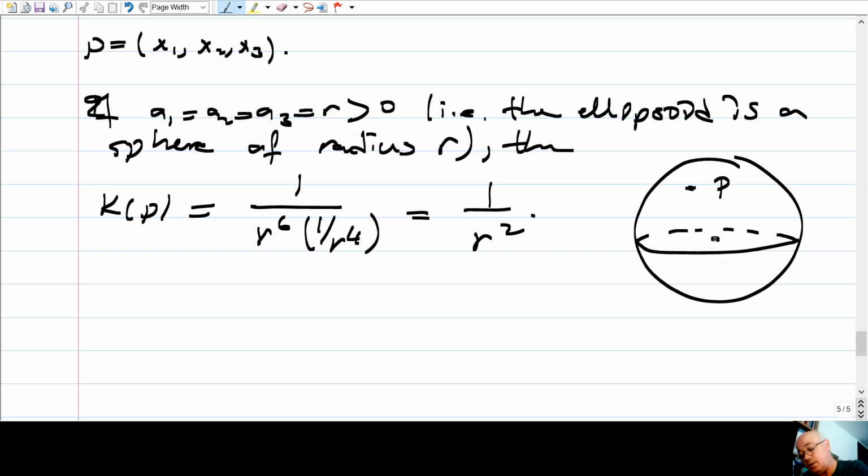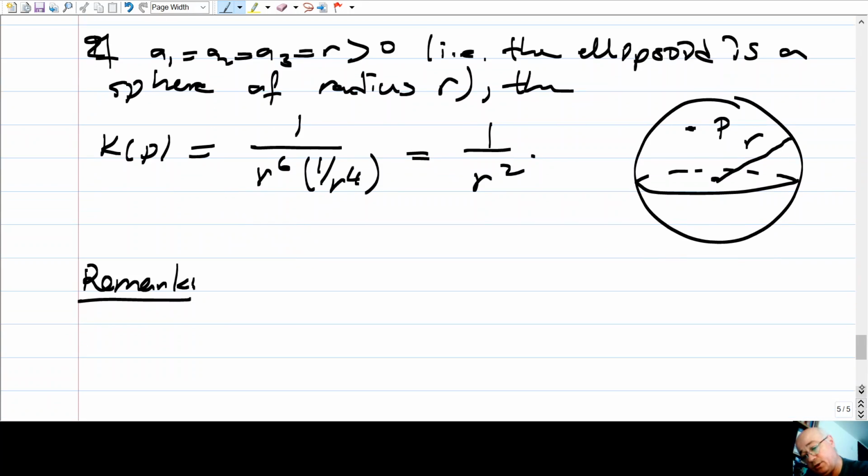Well, let me remark the following. The Gaussian curvature, if you think of this as a function, if you integrate this function on the sphere of radius r, so what would you get?